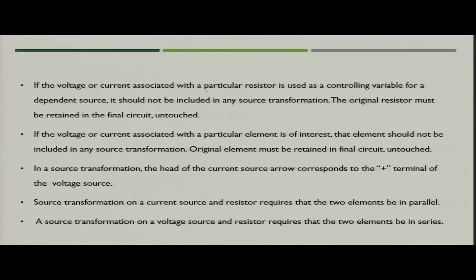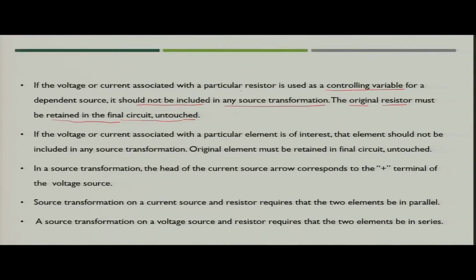Now, if the voltage or current associated with a particular resistor is used as a controlling variable, then what will happen? In that case it should not be included in any source transformation. Your original resistor must be retained, so that in the final circuit, when we process the information related to voltage and current and try to find the variable value, the dependent source parameter is untouched.